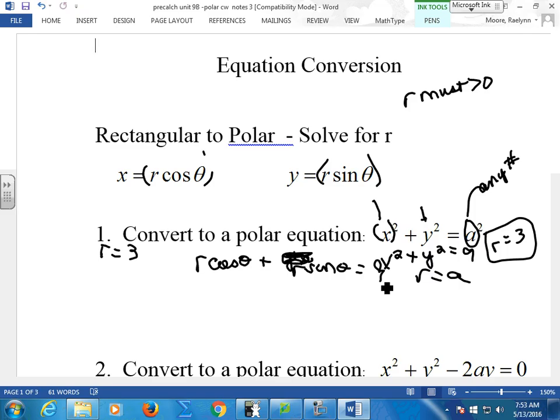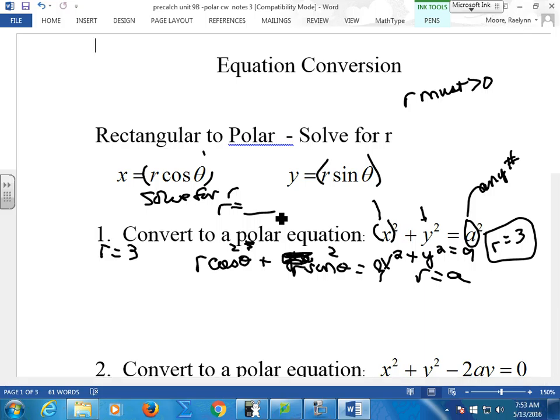Now, if we take this out and we want to solve for r. Wait, wouldn't it be squared? Yeah, squared. So if we're going to solve for r equals something, and r has to be a number or we're not going to get a circle.